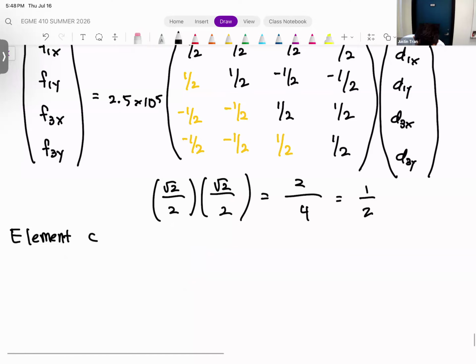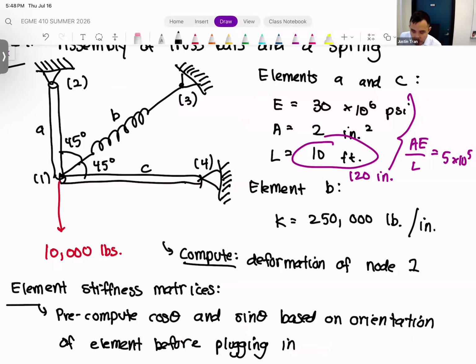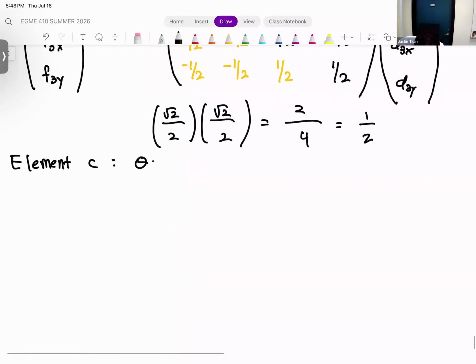Okay, so for element C, we're in luck because element C is horizontal. So that means the angle for element C is going to be 0 degrees. So that means sine and cosine are actually quite simple as well, because cosine of 0 degrees is 1, sine of 0 degrees is 0.